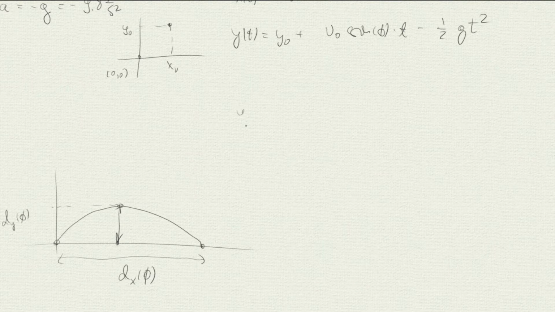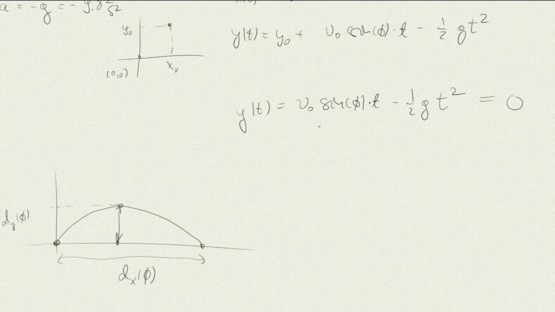So again, I'll write here y of t is v0 sine of phi times t, minus half g t squared here. And in order for this to be equal to 0, those are 2 points. So for t equals 0, of course, this is 0. And then if t is not 0, we can divide by it.